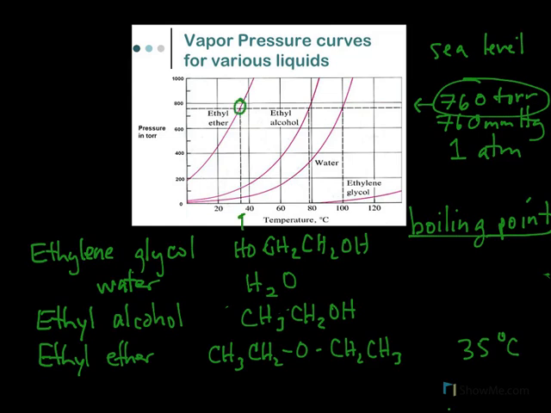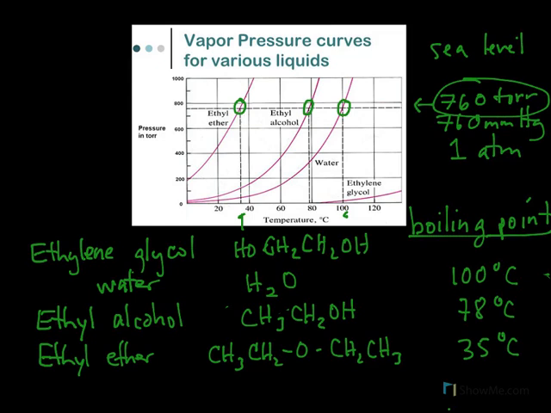For ethyl alcohol, it's going to be right there, so that's about 78 degrees Celsius. We know for water, where the water's line intersects the 760 torr, that is 100 degrees Celsius.